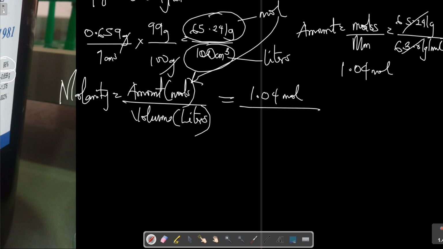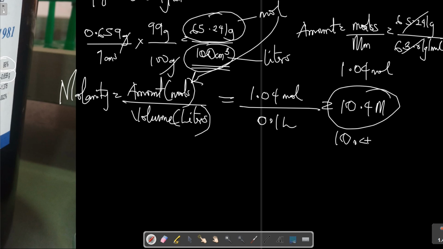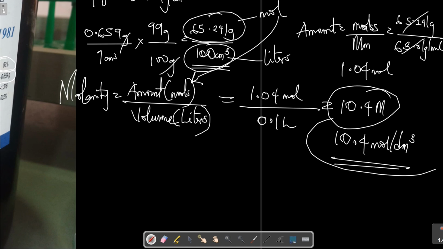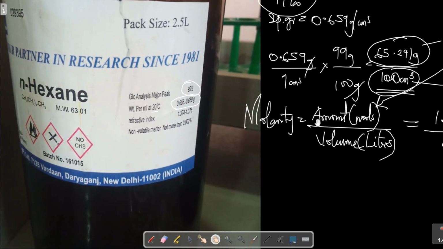Then converting volume to liters, it gives 0.1 liter or 0.1 dm cube. So when you divide this, you arrive at 7.57 molar or mole per dm cube or mole per liter. So this becomes the original concentration of this stock solution.